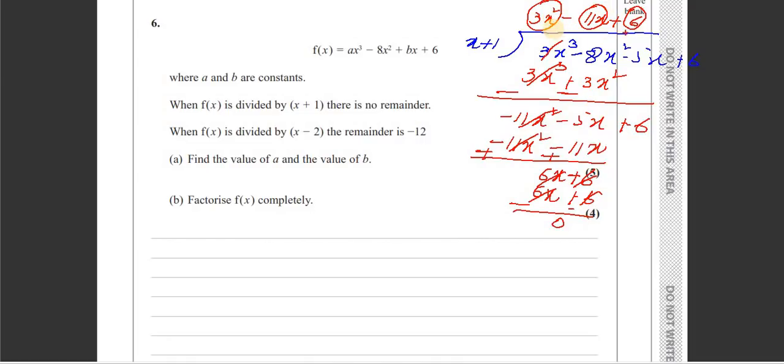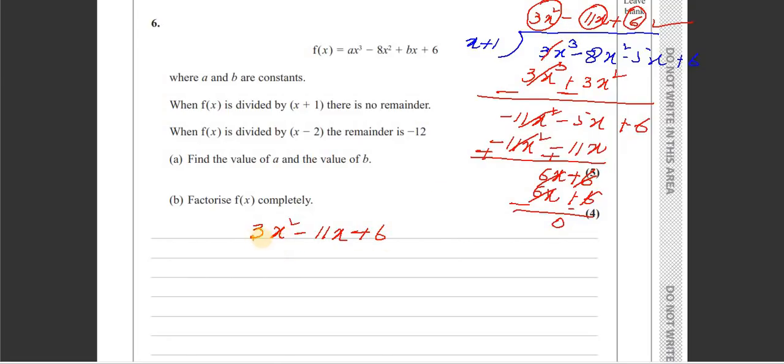Now this is the quadratic factor of your f of x that I was talking about, and now we have a quadratic factor which is 3x squared minus 11x plus 6 from here.